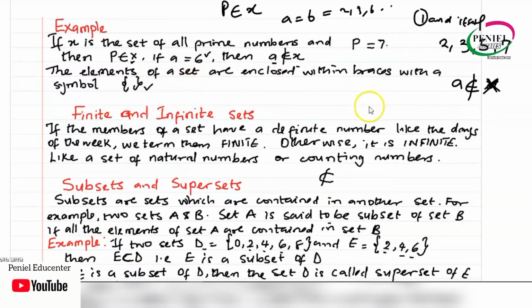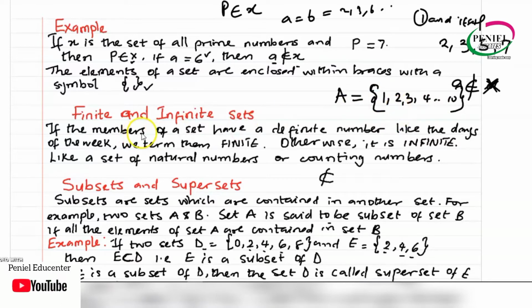So if you ask, what are the elements of set A, that is all numbers from 1 to 10, you just write 1, 2, 3, 4, up to 10, then enclose it within braces. This is how to write all the elements of a set.